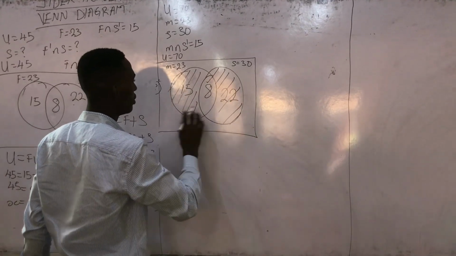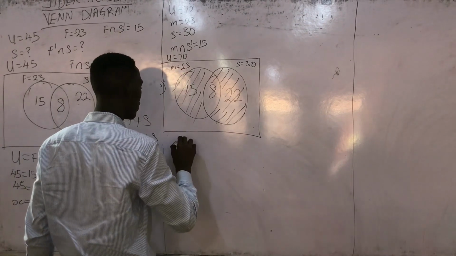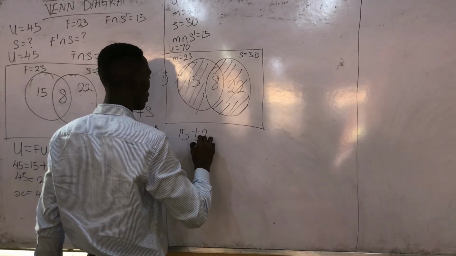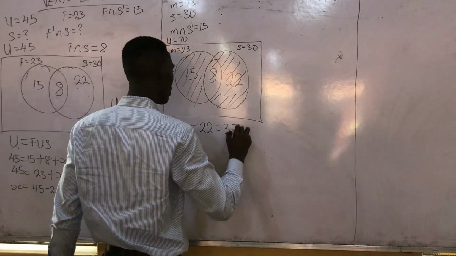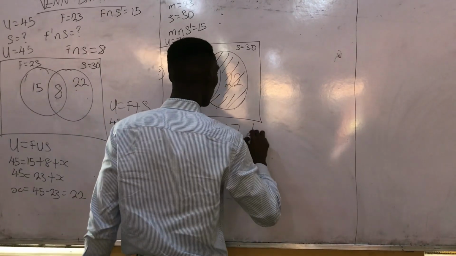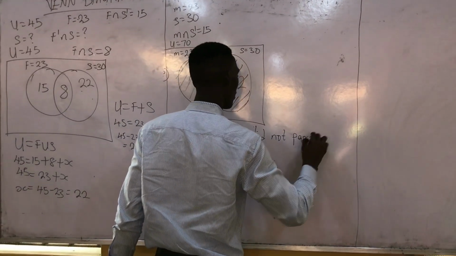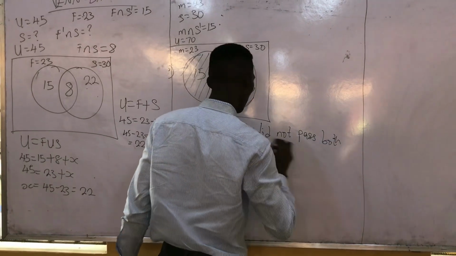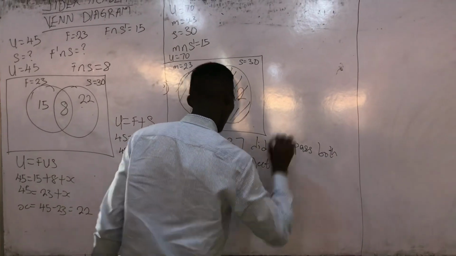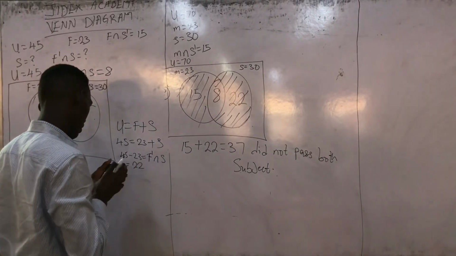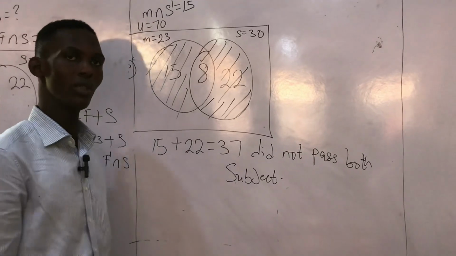So it will be left over like this, and that will be 15 plus 22, which gives us 37. So 37 students did not pass both subjects.